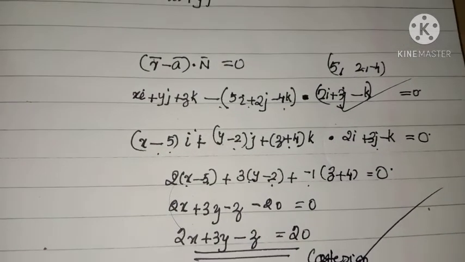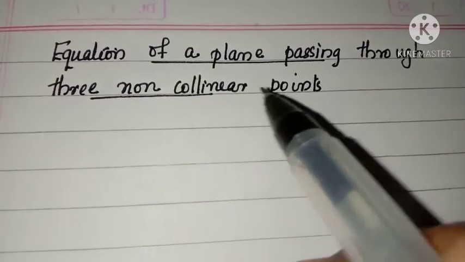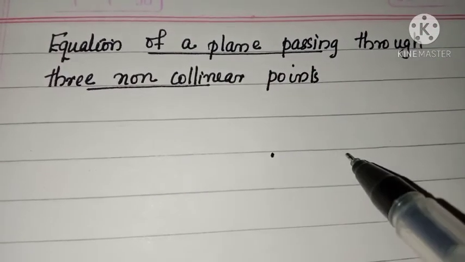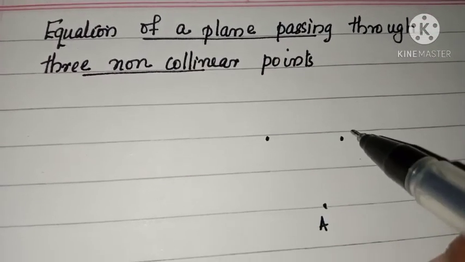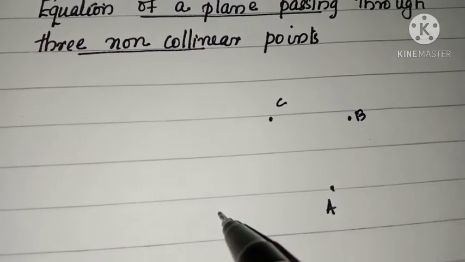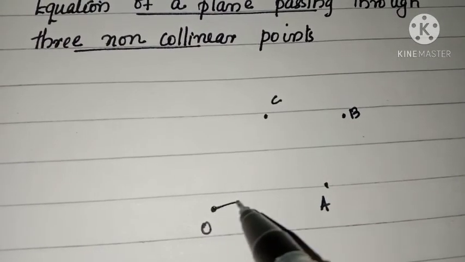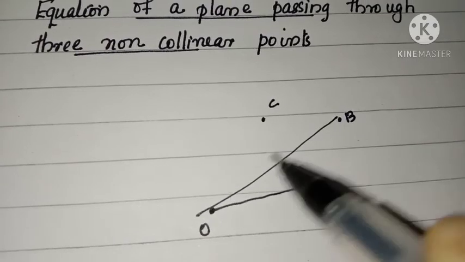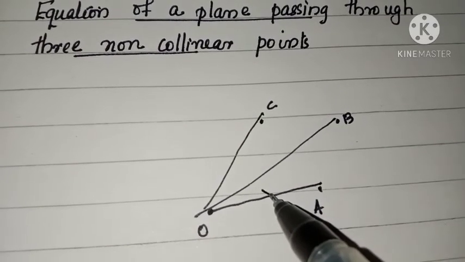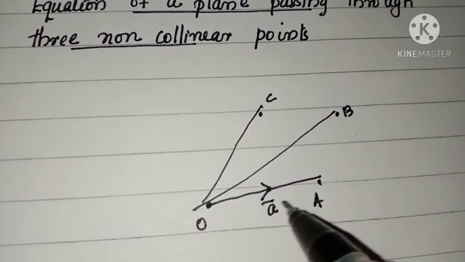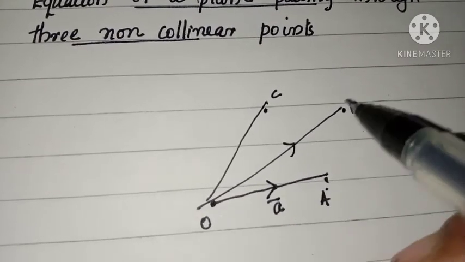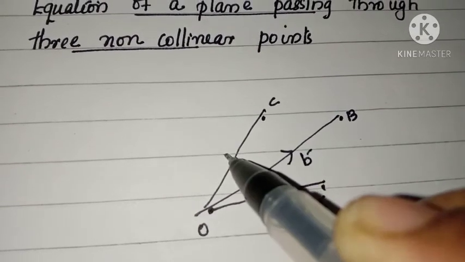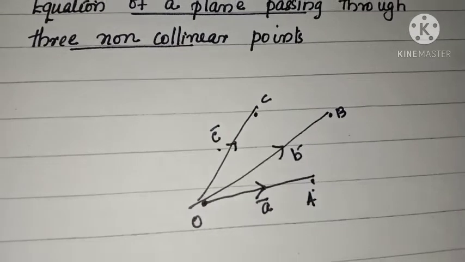Okay, plane through three non-collinear points. Suppose we have three non-collinear points A, B, C, and this is the origin. So from this origin draw vectors to these points. Let us consider the position vector of A is vector a, position vector of B is vector b, position vector of C as vector c.